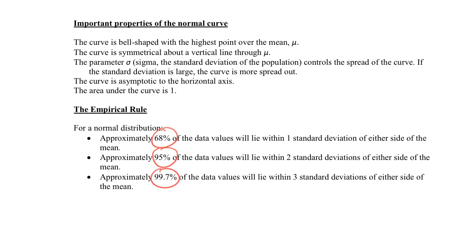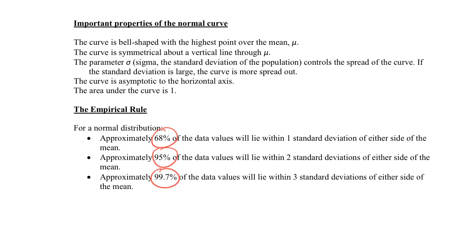For things that follow a normal distribution, approximately 68% of the data will lie within 1 standard deviation on either side of the mean. So 1 standard deviation above to 1 standard deviation below.